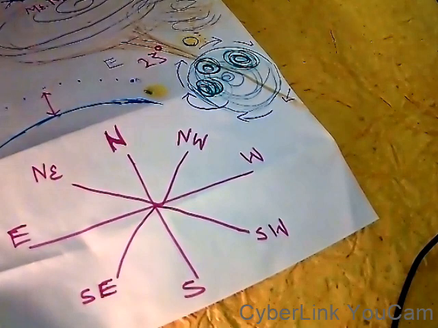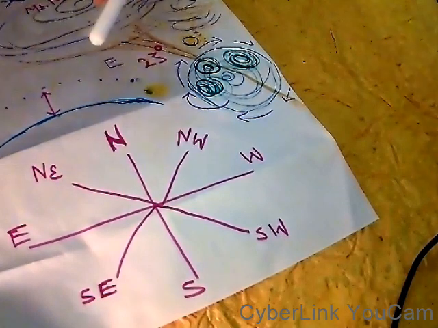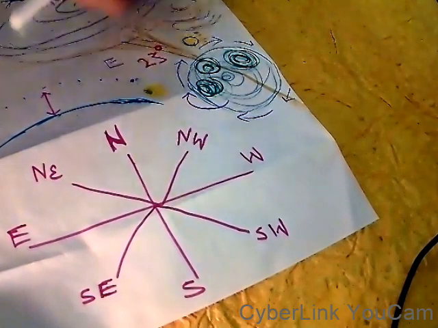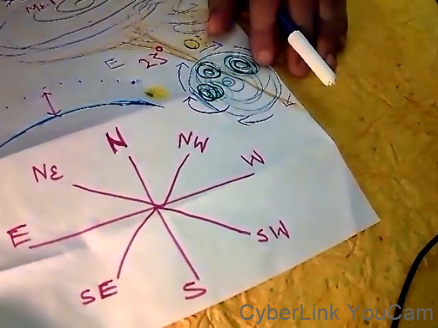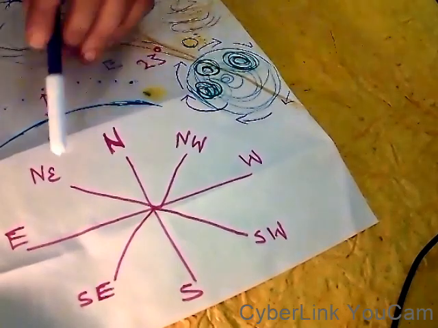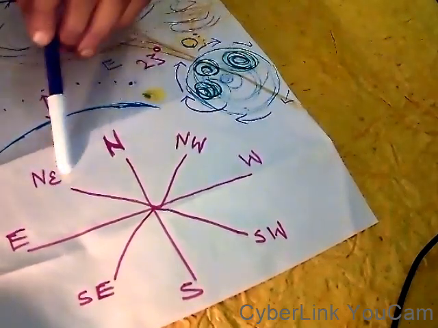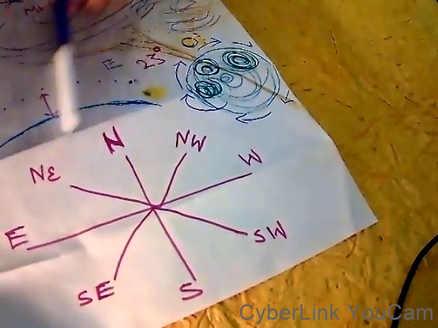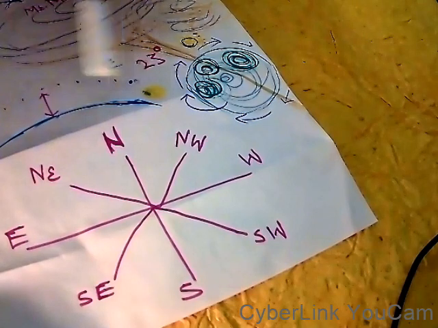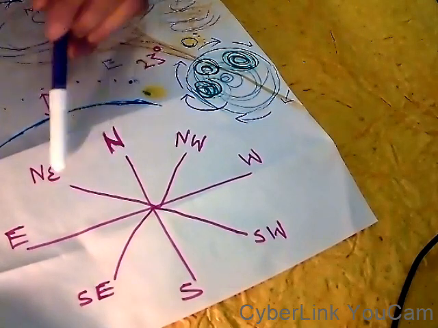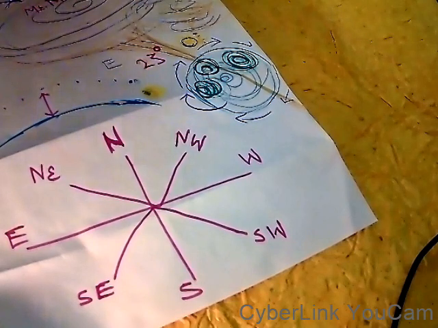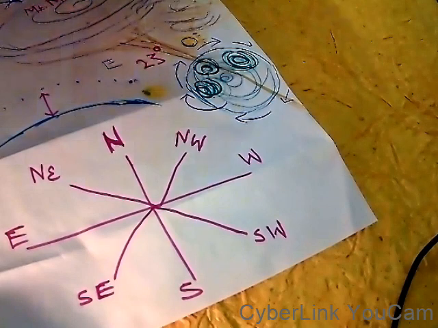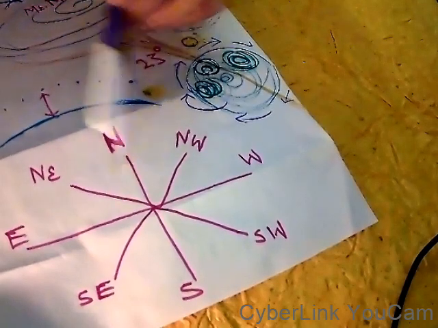Now, why is it the most creative element? That's because this particular direction is the most creation-inducing direction, because the photon energy is just ideal in this direction to create something new.